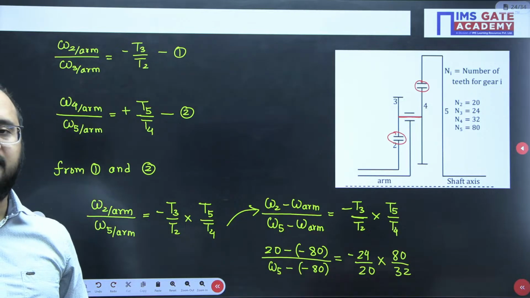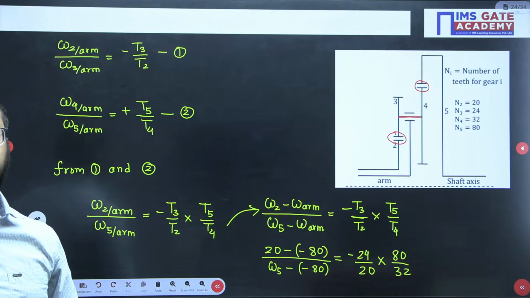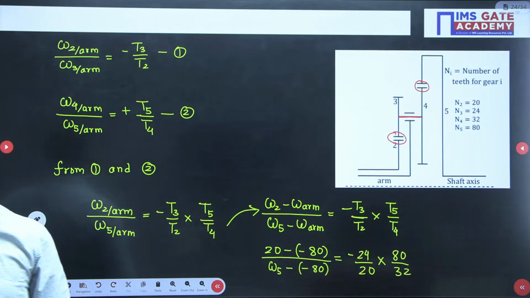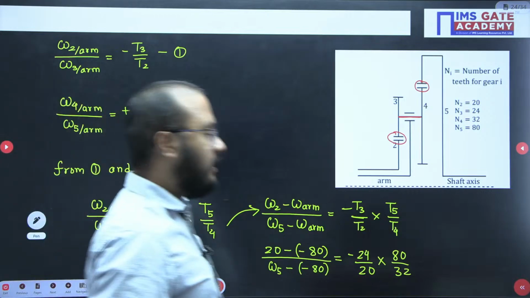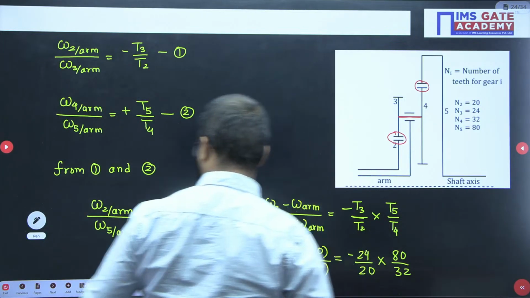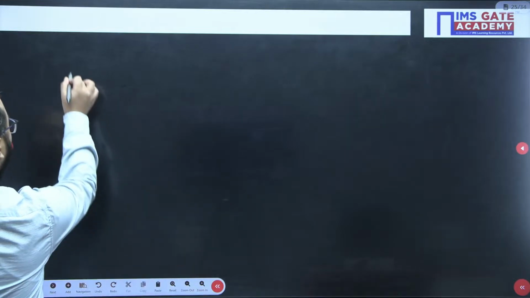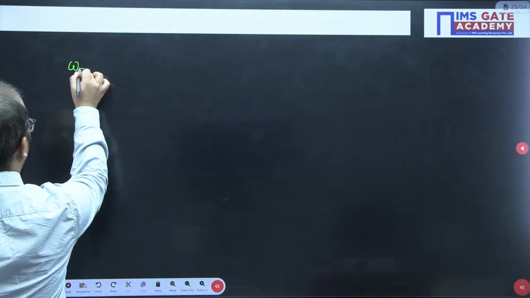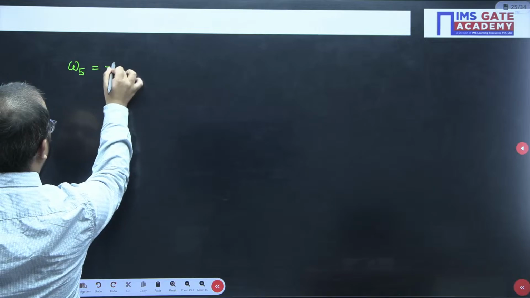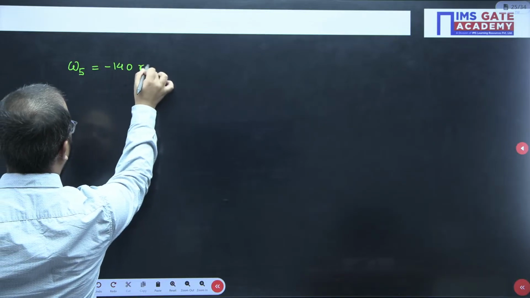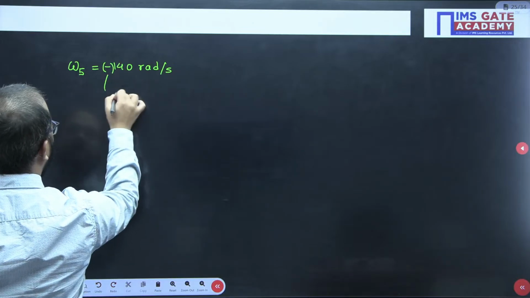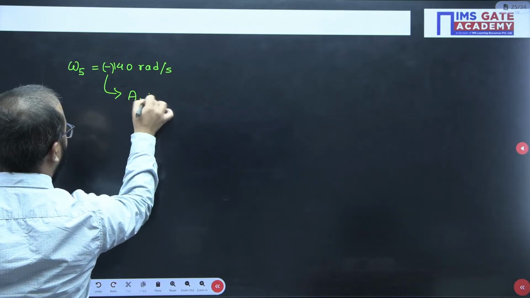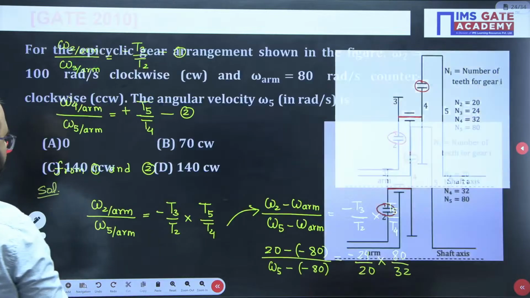What will be the answer here? Minus 140 radian per second, not RPM here. This minus sign represents anticlockwise or counterclockwise.